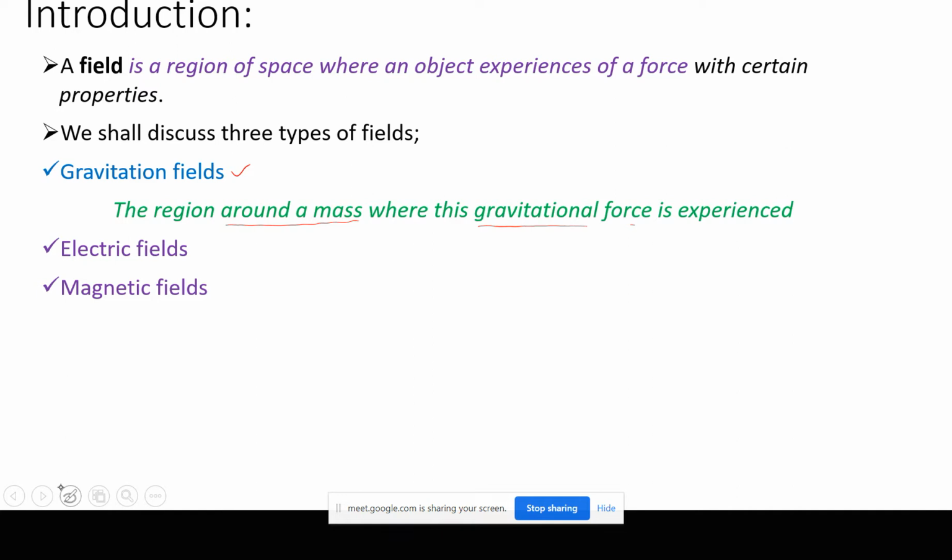The last type of fields that we shall talk about is going to be called the magnetic fields. For those who studied some magnetism, and for those that I taught in IGCSE, I think our last unit must have been electromagnetic induction. Under electromagnetic induction, we saw that a magnetic field could create a current or an EMF, and a current could also create a magnetic field.